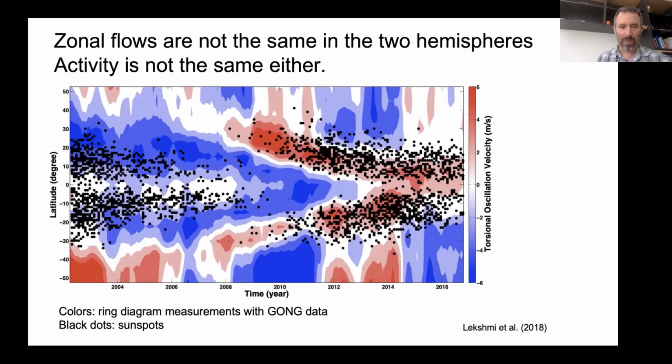And here's an example of a figure. And much like the one we saw a minute ago for the meridional circulation, we have latitude and time. And the colors now, instead of telling us about the meridional circulation, they're telling us about the east-west velocity. So red here is prograde and blue is retrograde. And you can ask yourself, retrograde with respect to what?